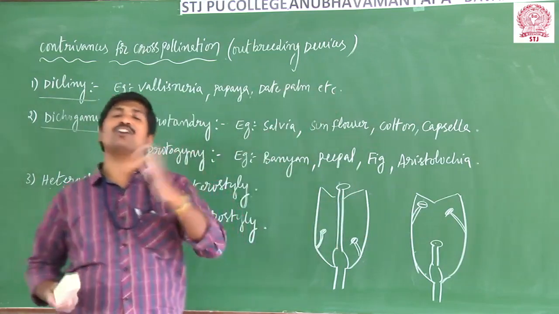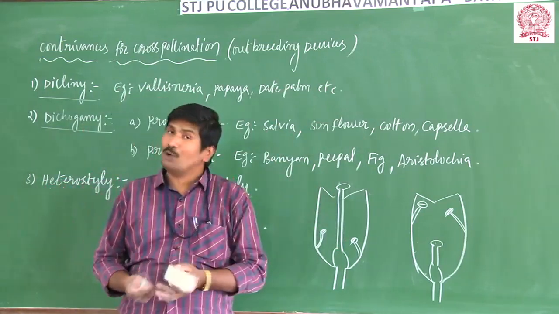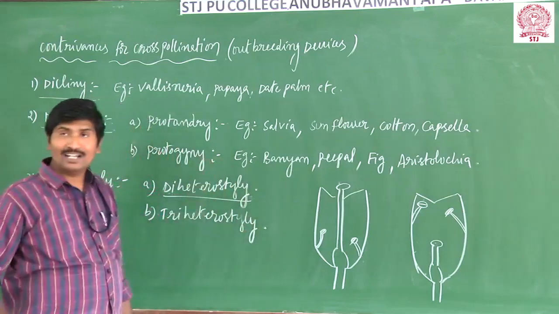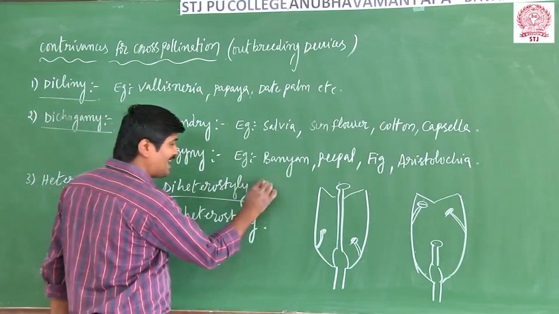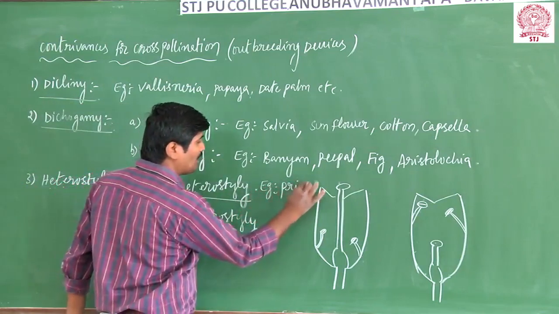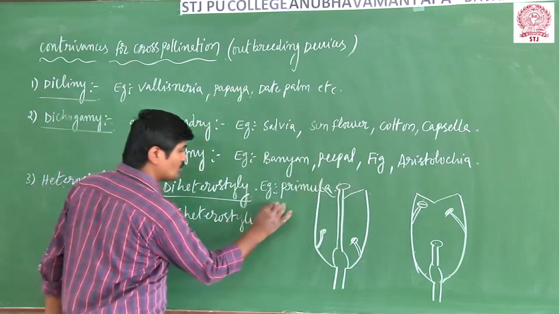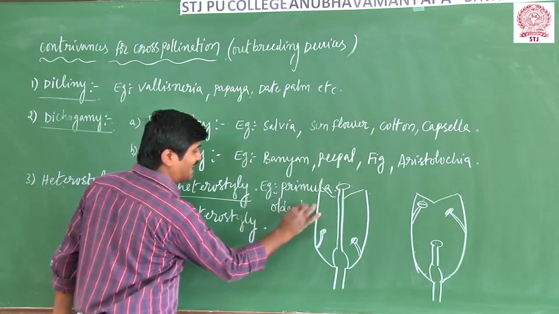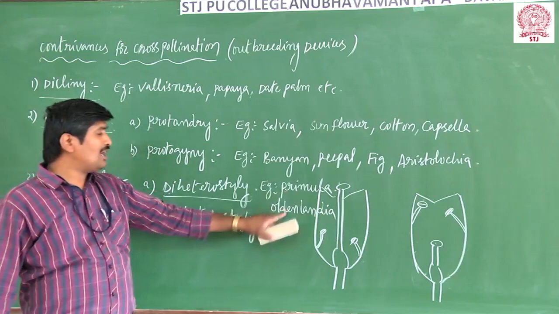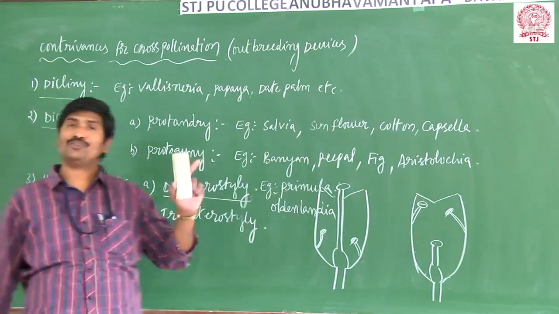They promote cross-pollination. That is known as distyly. The best examples for distyly: primula, Oldenlandia.